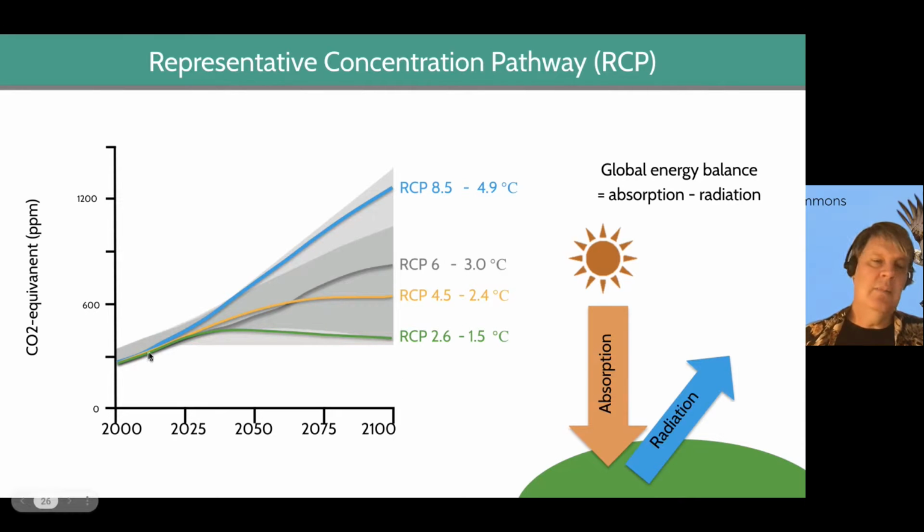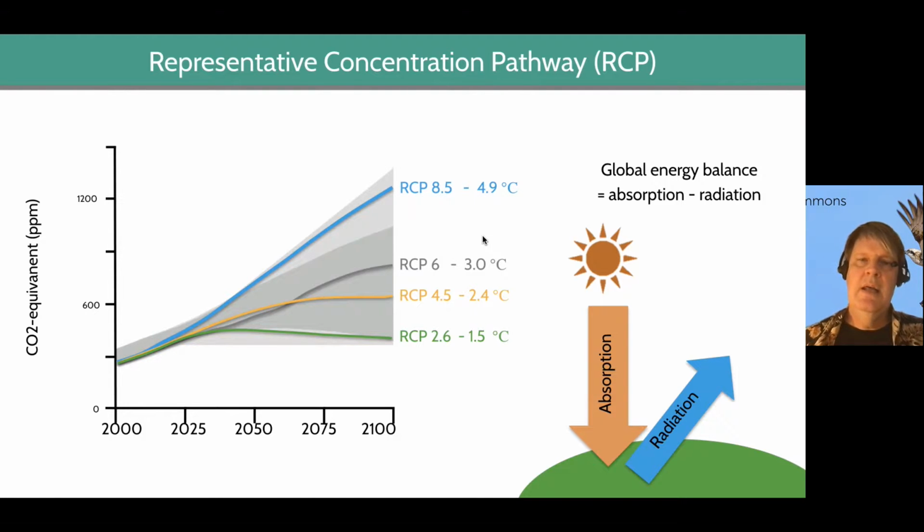But if we don't do anything about climate change, we keep doing what we're doing and we keep burning maybe even more fuel, creating even more emissions, we could get all the way up here by the year 2100, where we've got almost 5 degrees Celsius of warming, and we're faced with a very different world. So we've got two things at work here.